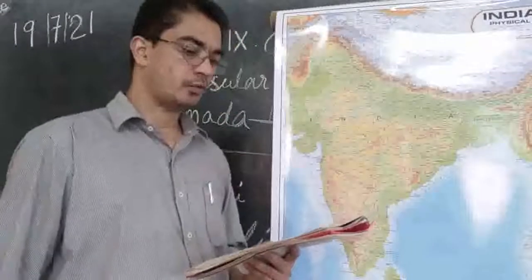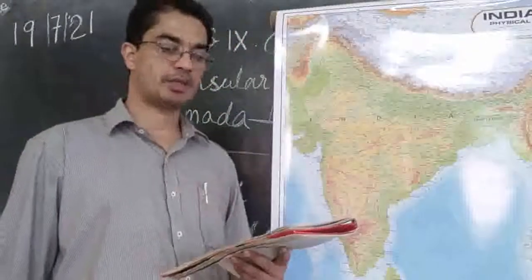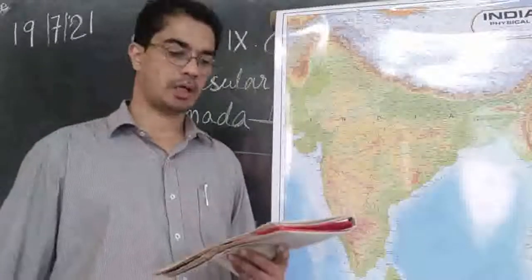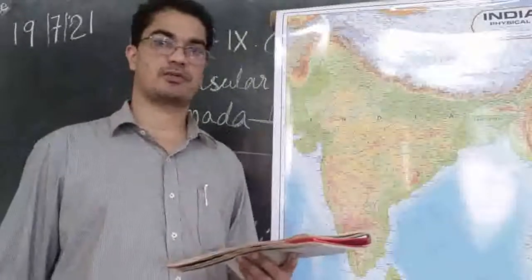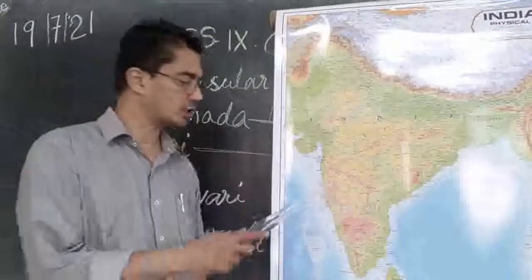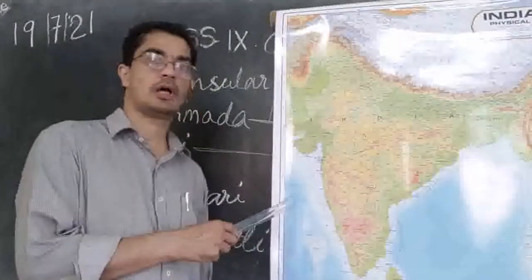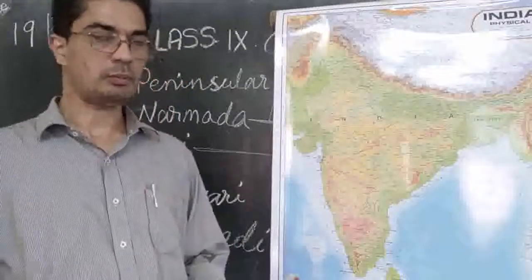Then the main west flowing rivers are Sabarmati, Mahi, Bharatapuzha and Periyar. So you can underline the four west flowing rivers. West flowing means flowing to the west side, that is, falling into the Arabian Sea. Which are they?